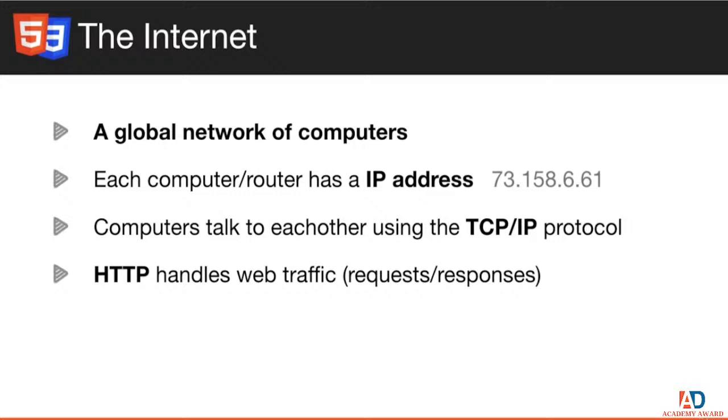Now, even if you have multiple devices in your home, like let's say you have 2 computers, a tablet, a mobile device, each of these devices has what's called a private IP address that is only local to your network, your home network. Your router, however, has a public IP address, and that's the IP address that the internet actually sees. All the private ones for each device are only within your home network or your office network, whatever it may be.